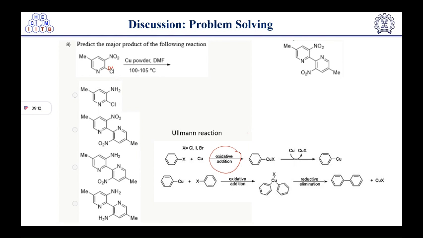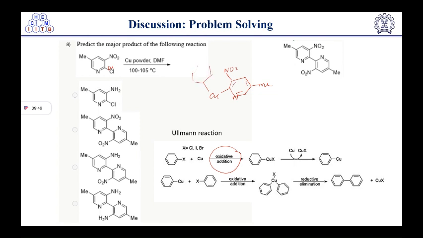Okay. So after getting this intermediate, another moiety of this molecule will undergo oxidative addition with this copper. So now we will get copper with two, sorry, with two attached alkyl groups. Okay.